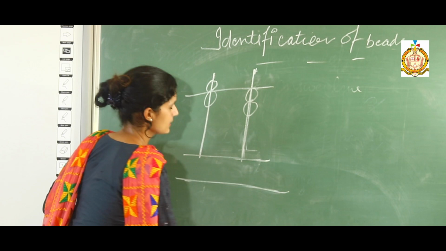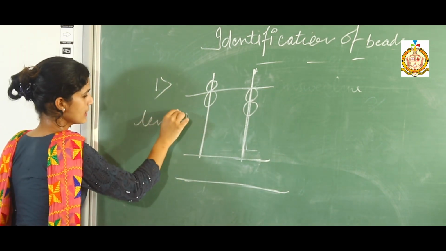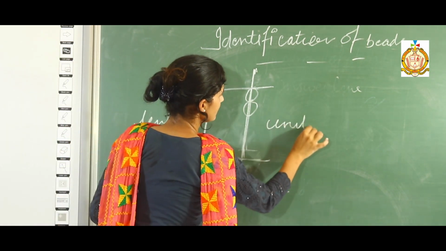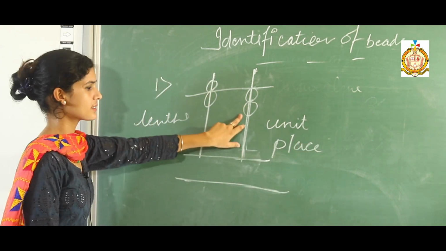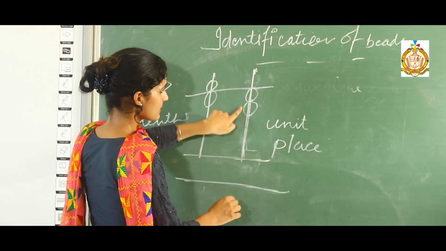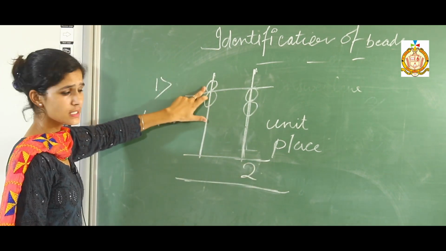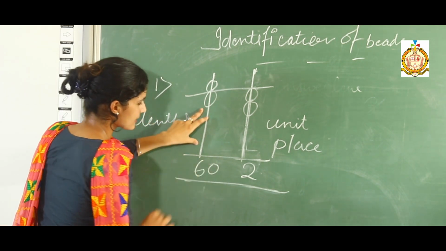Now this sum is given. Firstly, this indicates your tens place and this indicates your unit place. Now how many beads are there? 2. 1 plus 1, 2. And this one is 50 plus 10, 60. So there is no need of writing 60 like that.